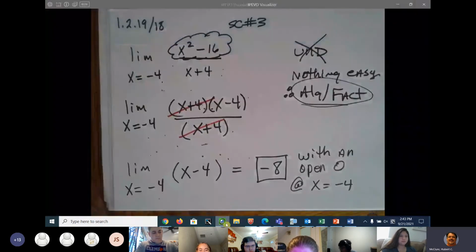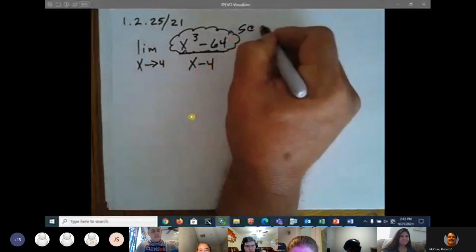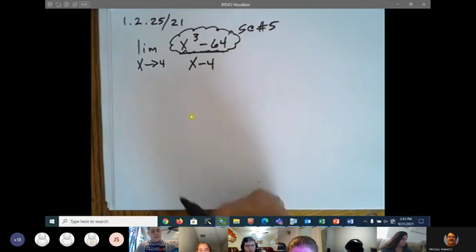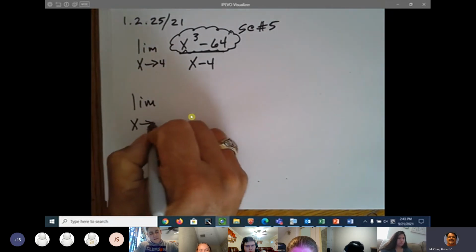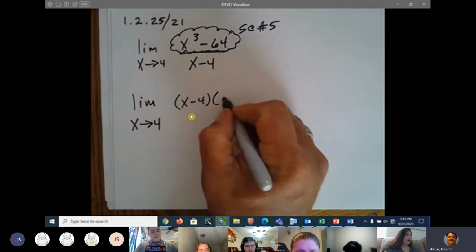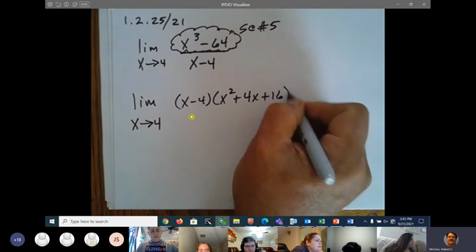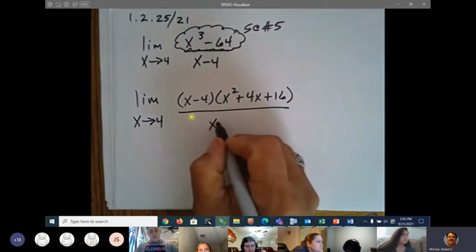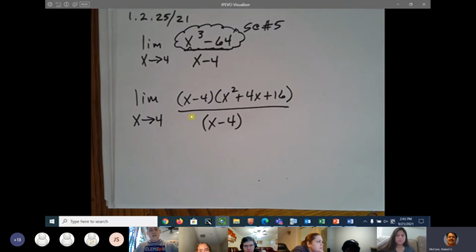This is shortcut number what? Number 5. So limit as x approaches 4 of x minus 4 times x squared plus 4x plus 16 over x minus 4. And the x minus 4's cancel.